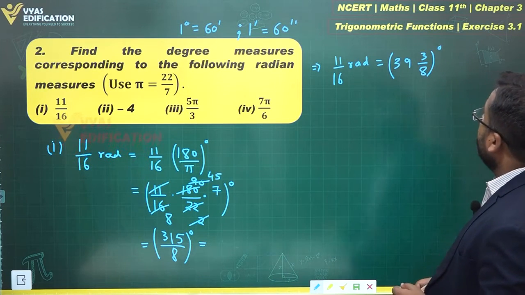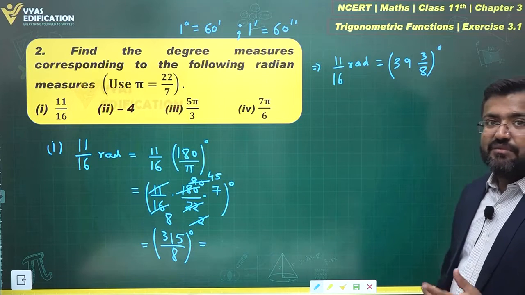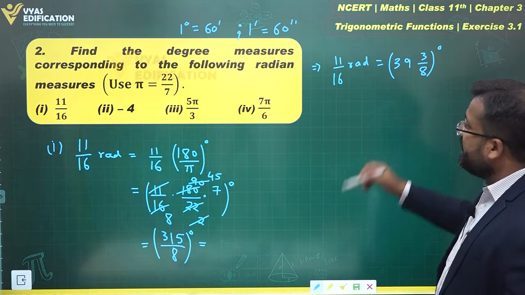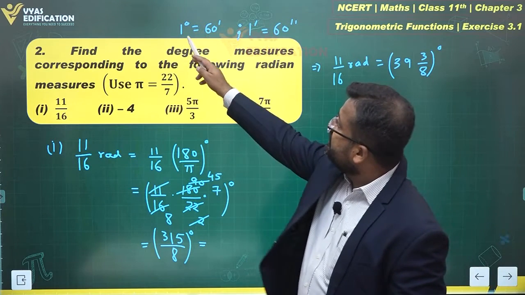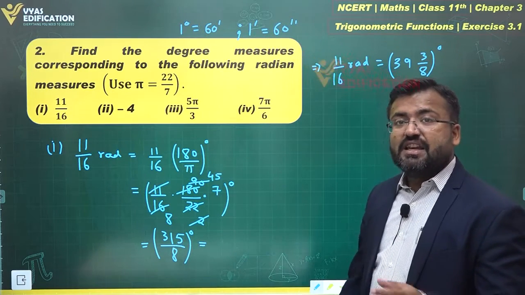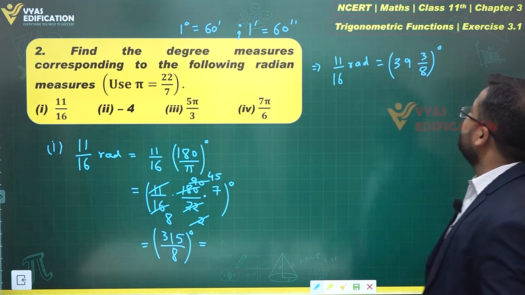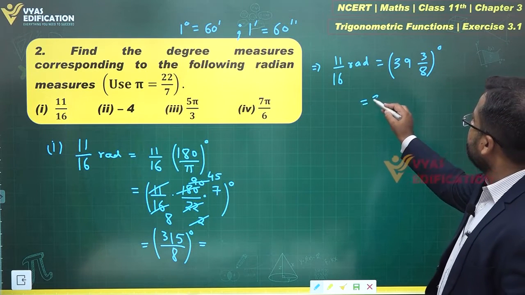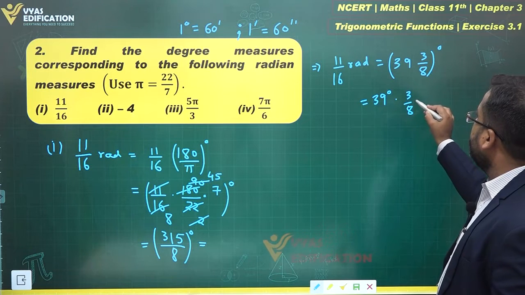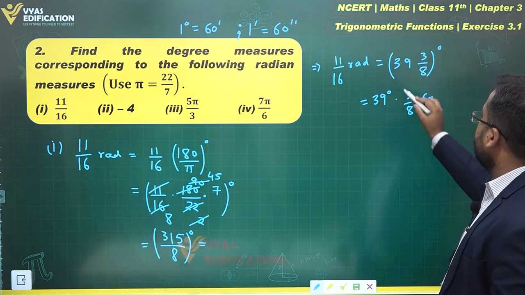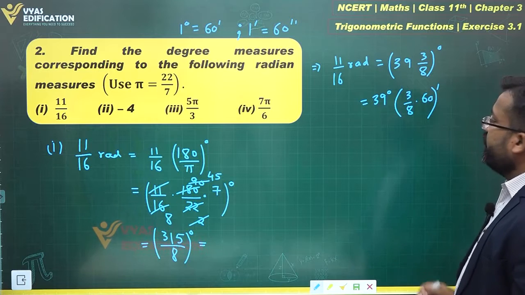So 1 degree is equal to 60 minutes. 3 by 8 degree would be 3 by 8 times 60 minutes. So this is 39 degree plus 3 by 8 times 60 minutes. This is what you will be getting, right?